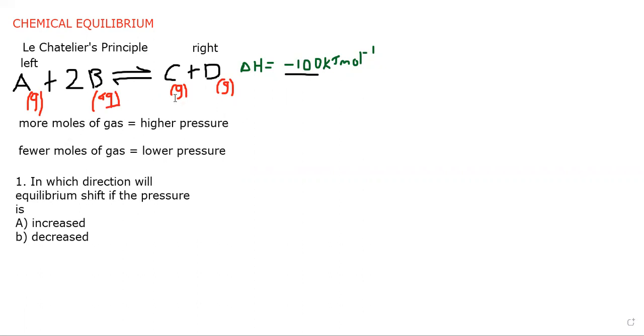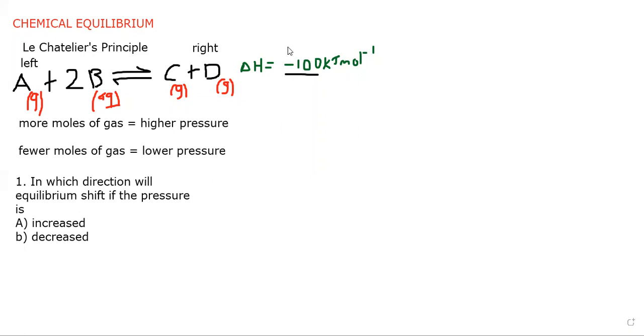When you're dealing with pressure, as you can see, I've inserted some state symbols. So when it comes to pressure, we're only dealing with gases, all right? The more moles of gas you have present, the higher the pressure. The fewer moles, the lower the pressure. So you can compare both sides of the equation and see which side has more moles.